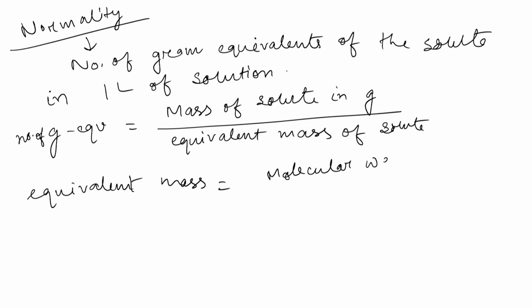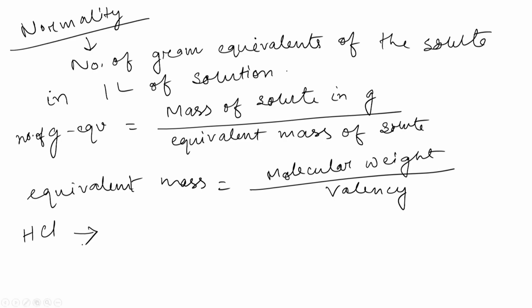Equivalent mass or equivalent weight is equal to molecular weight divided by valency. Okay. So for HCl, let's say molecular mass of HCl is 36.5 and valency of HCl, that is we have H plus and Cl minus. So valency is 1 for each case, right?